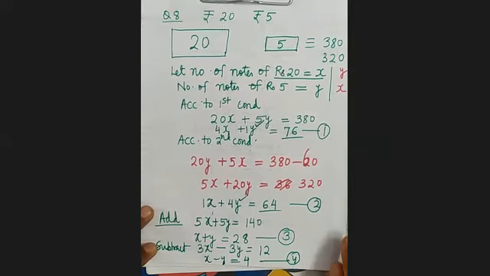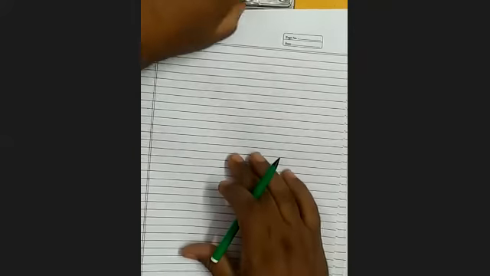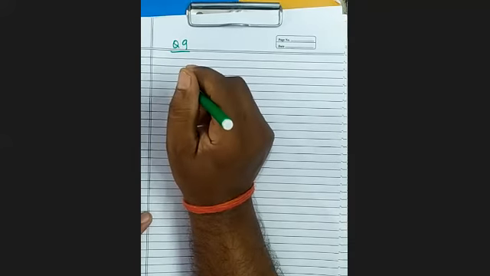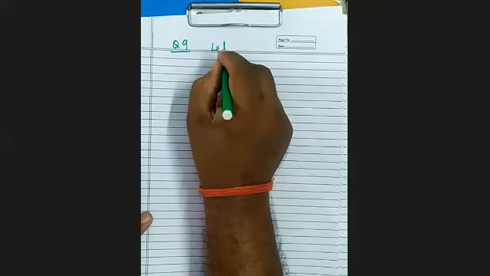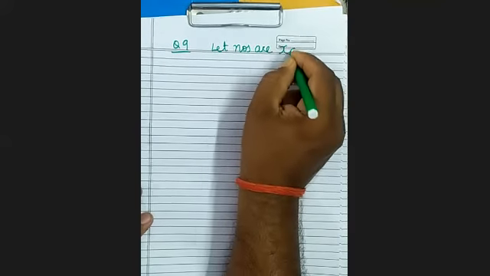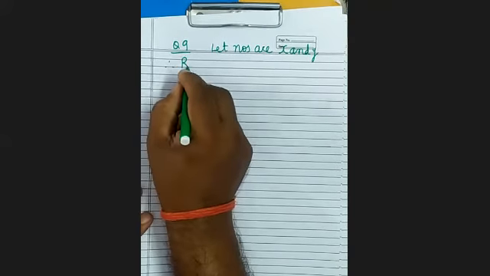Now question number 9. The ratio of two numbers is 2:3. So you assume the numbers are x and y.